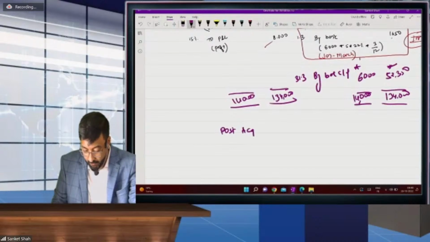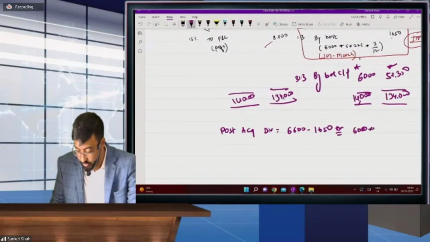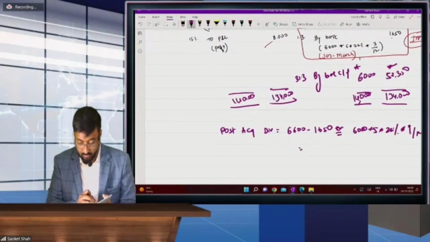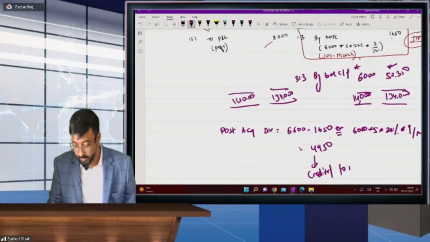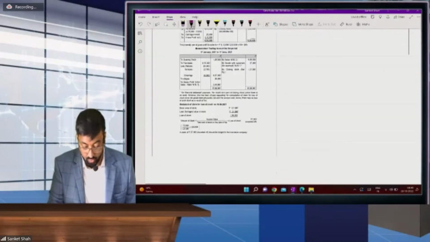Post-acquisition dividend: 6,600 minus 1,650, or you can do the calculation 6,000 into 5 into 22% into 9 by 12. $4,950 is credited to P&L account. You can write this note, and this is how you have to complete your question.